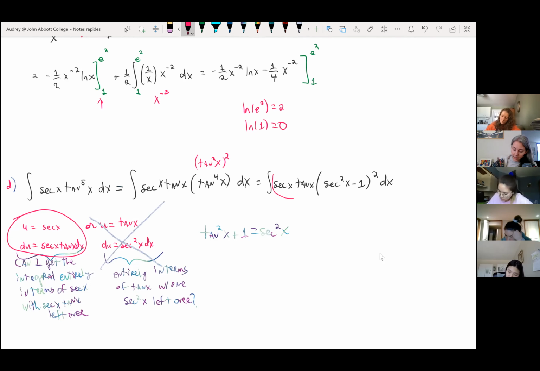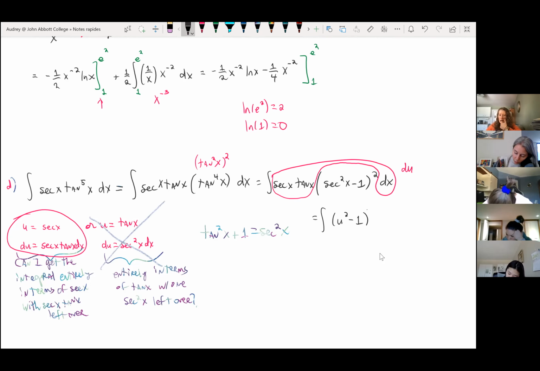So then this secant x tangent x, that's my du. And I end up then with just the integral of u squared minus 1 squared du. Now what?